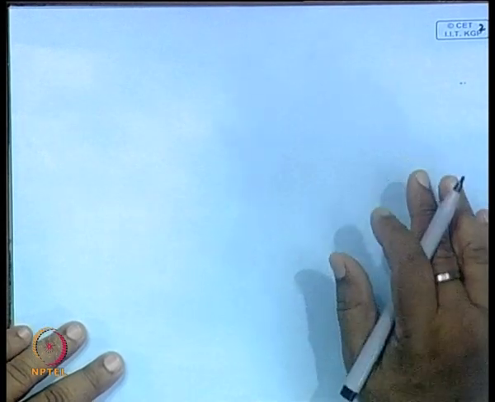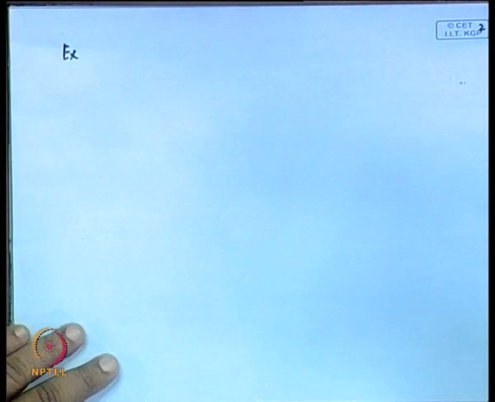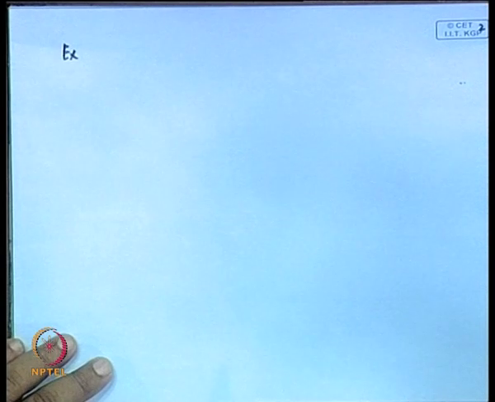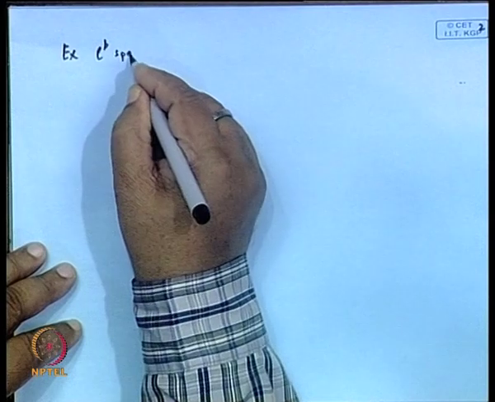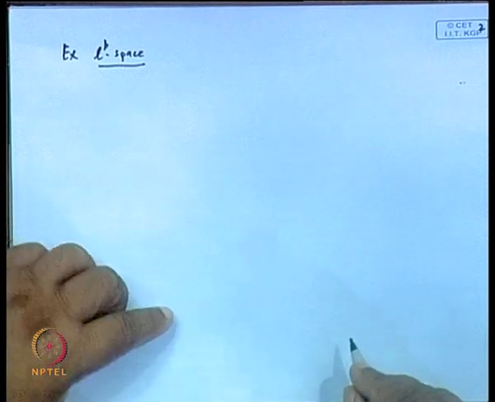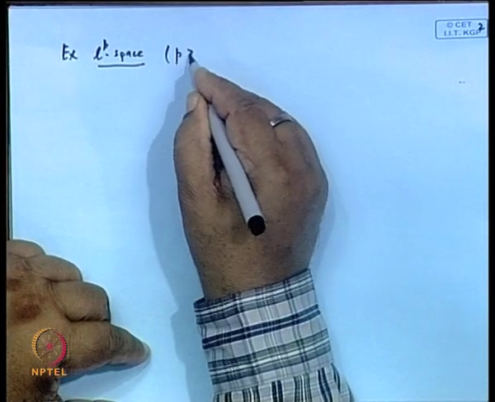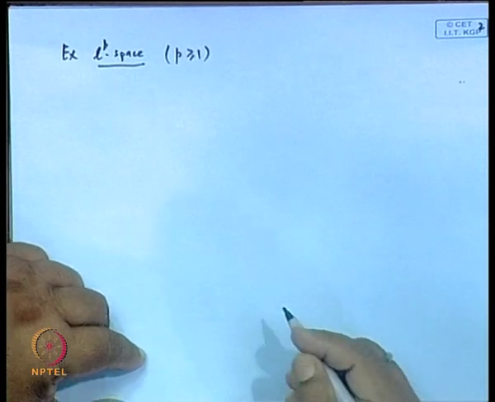We will now go to another example of a sequence space, which requires the use of Minkowski and Holder's inequality, and that space is the l p space, which is also a metric space under a suitable metric d, where p is greater than or equal to 1. What is this l p space?